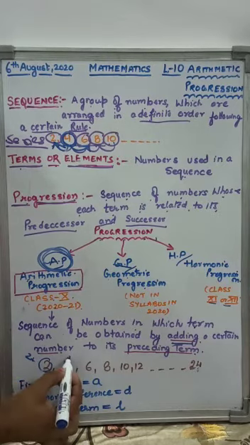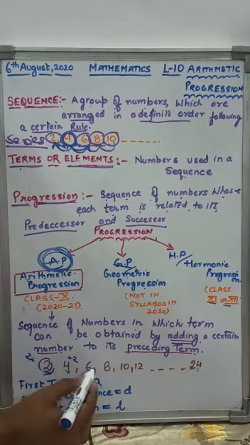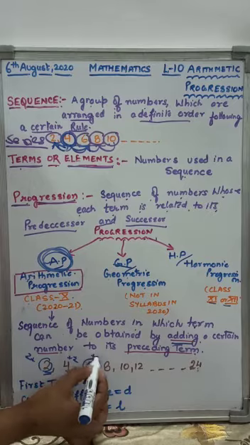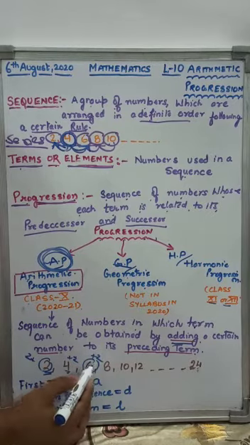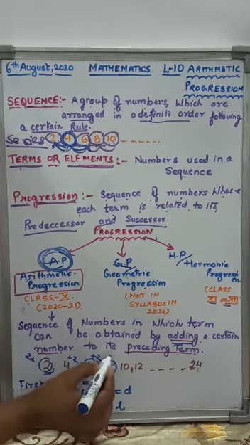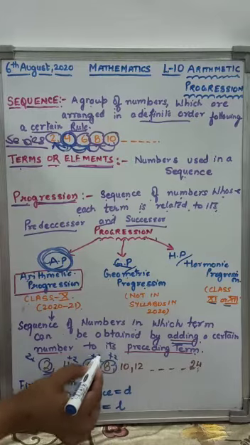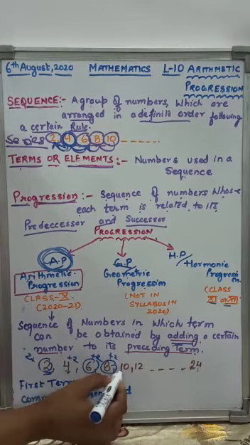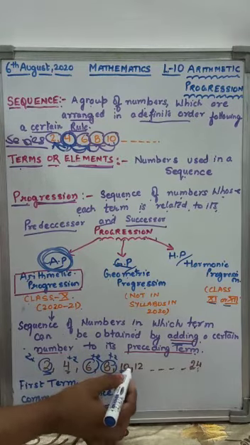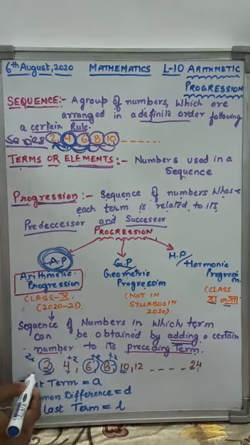Then again you add 2, 4 plus 2 will become 6. Again you add 2, 6 plus 2 will become 8. Means you are adding the same number to each term. The next number, successor, is coming. 8 plus 2 is 10. So this is your AP series.